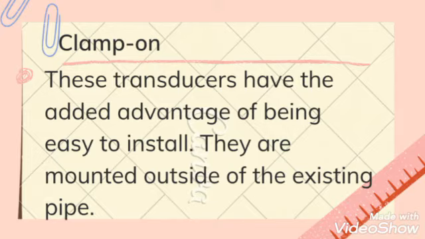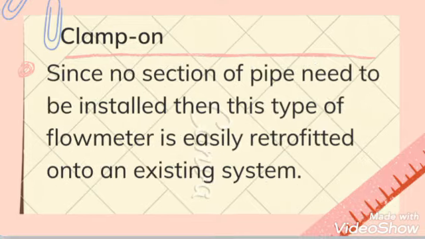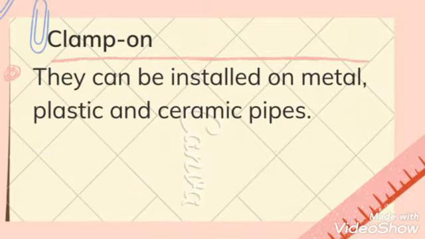Clamp on. These transducers have the added advantage of being easy to install. They are mounted outside of the existing pipe, so there is no need to cut the pipe and fit inside. We can just clamp on. Since no section of pipe needs to be installed, this type of flow meter is easily retrofitted onto an existing system. So this is very easy to install.